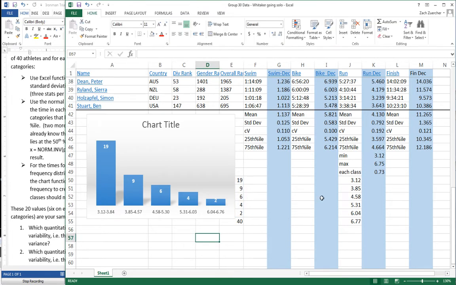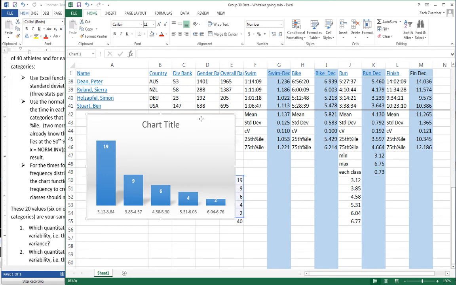Hopefully that helps. Remember, you start out figuring out the minimum and the maximum. Take the difference of the min and the max and divide by 5. And that gives you your class width. Okay, and that came out to be 0.73. So we just add 0.73 to the starting point, 3.12. Just keep on adding up until you get to the top of your 5th class, which means you're going to have 6 numbers.